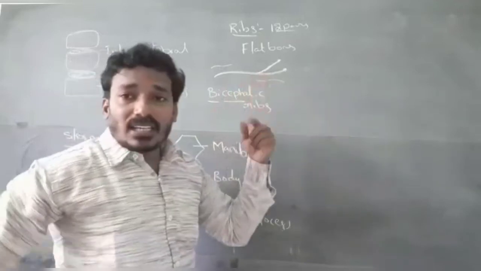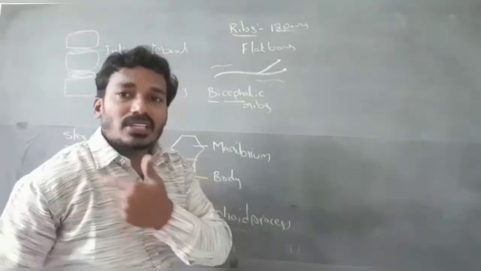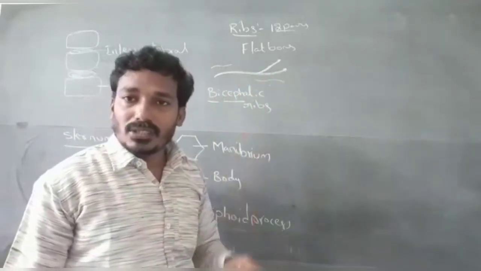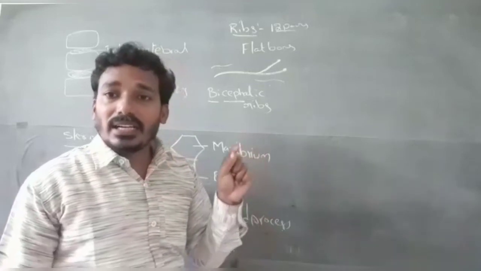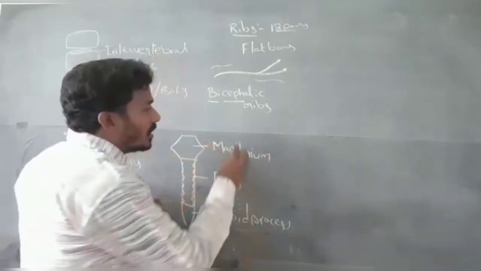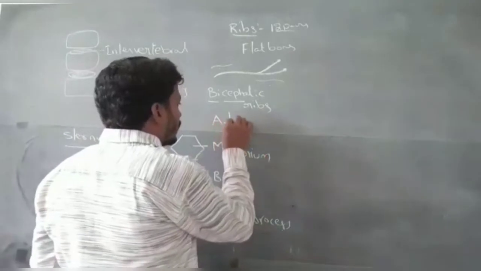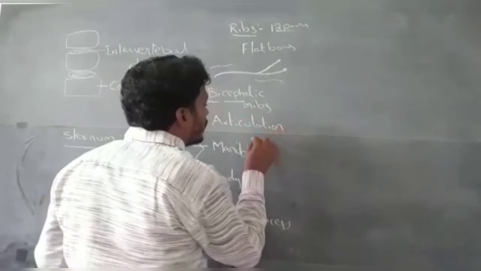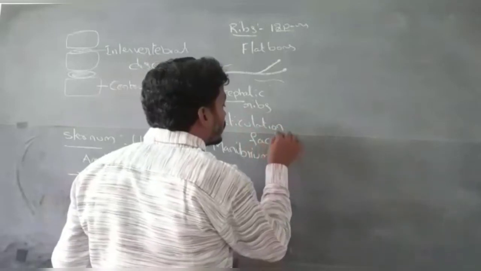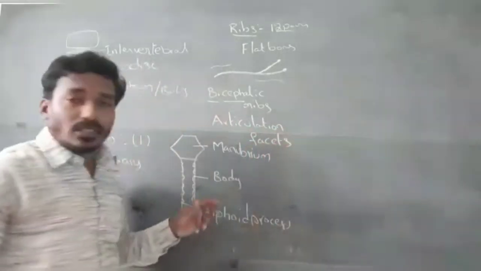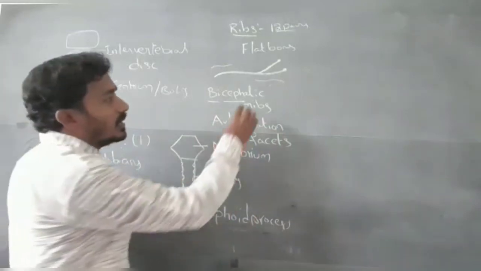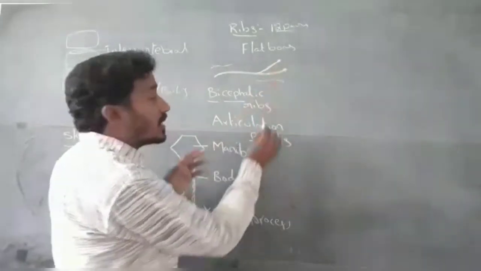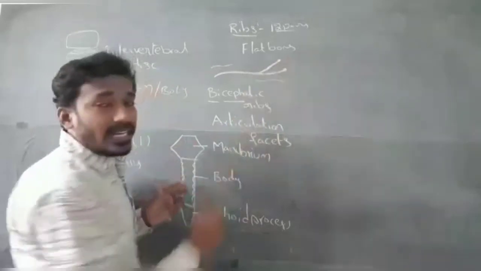These bicephalic ribs attach to the dorsal region of the thoracic vertebrae. So, thoracic vertebrae contain two articulation facets. These two articulation facets help for the attachment of the two heads of the ribs.